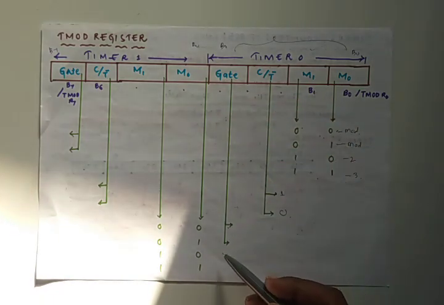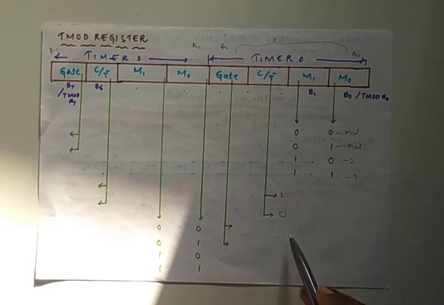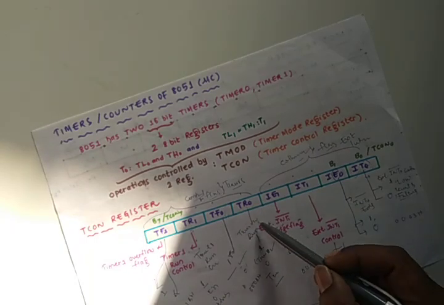Coming to the fourth bit, that is gate. Whenever it is 0, timer 0 runs if TR0 equals 1 in TCON. In TCON we have studied TR0, the timer run control.